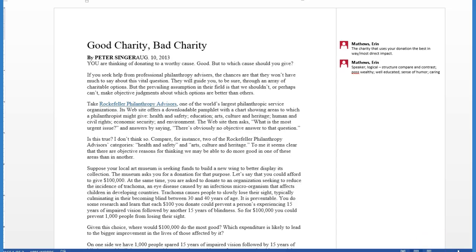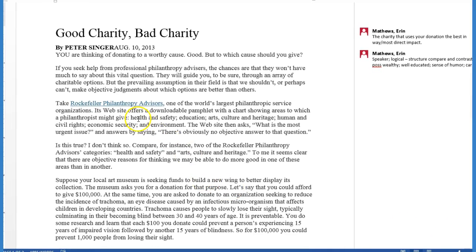Continuing on with good charity, bad charity, we notice the article that is here, and we're able to see a possible way to interpret the article, the ideas itself. If we go through, we want to make sure that we're annotating on the article itself.